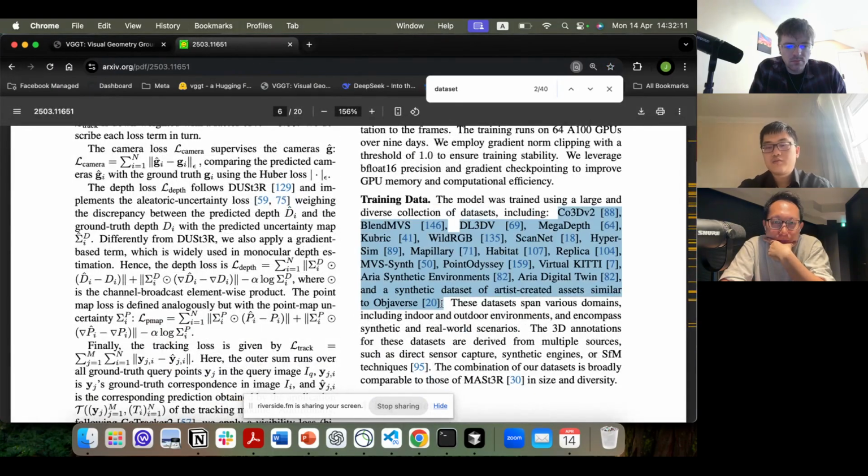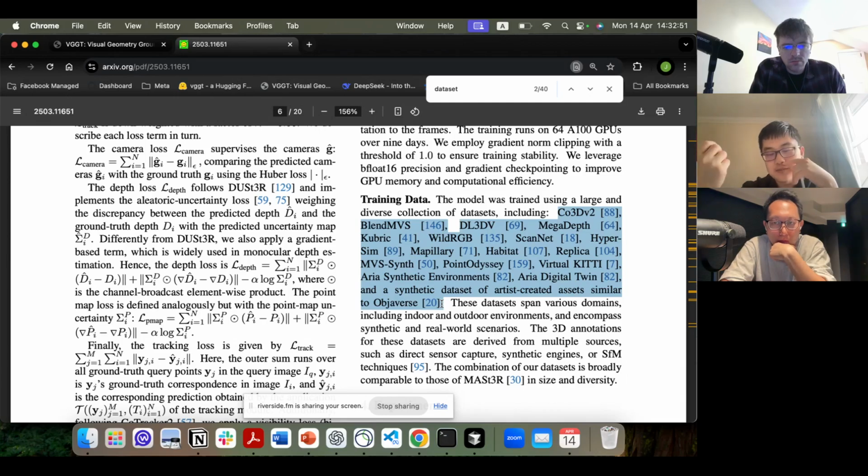Yeah, so our training data actually has around three types of sources. The first one is data annotated by previous structure from motion methods. For example, we have COLMAP. COLMAP is a classical structure from motion framework, from before the deep learning decade. It has mathematical support, but does not generalize that well.